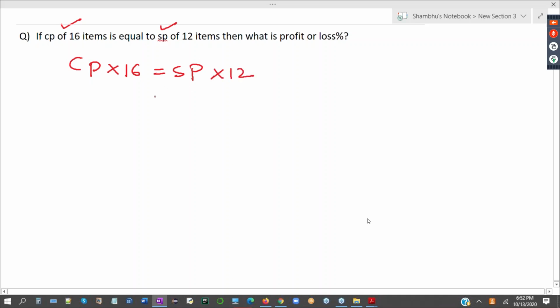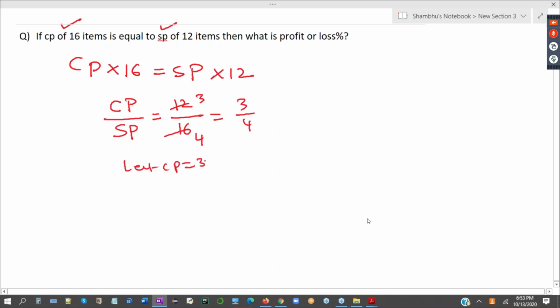So now here, can I write CP divided by SP is equal to 12 by 16? Yes. So that is 3 divided by 4. Now let CP be 3x, then SP is 4x.